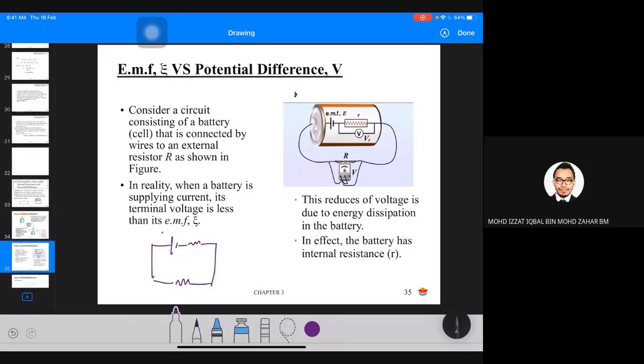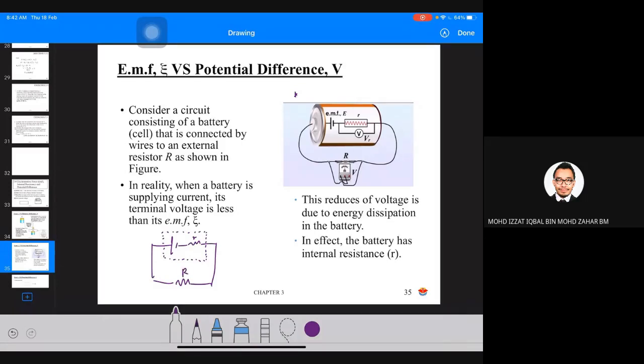Okay, if you measure the voltage across the resistor, you will get a value of terminal voltage. So this one across the resistor is the same value that you will get over here.